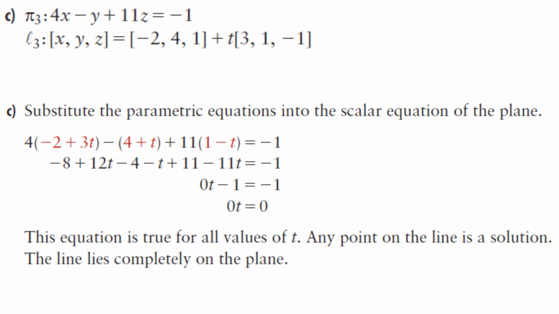As you can see here, any t that belongs to the real number set can fulfill this equation, right? Which means this equation is true for all values of t. So any point on the line is a solution, which means the line must lie completely on the plane. All right, any questions?